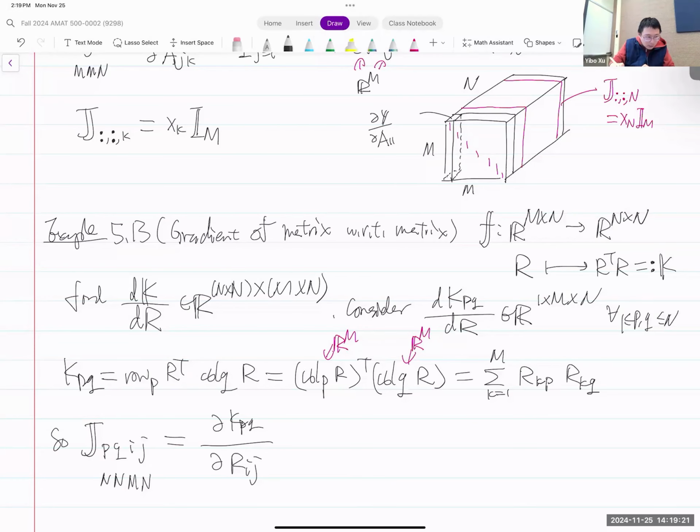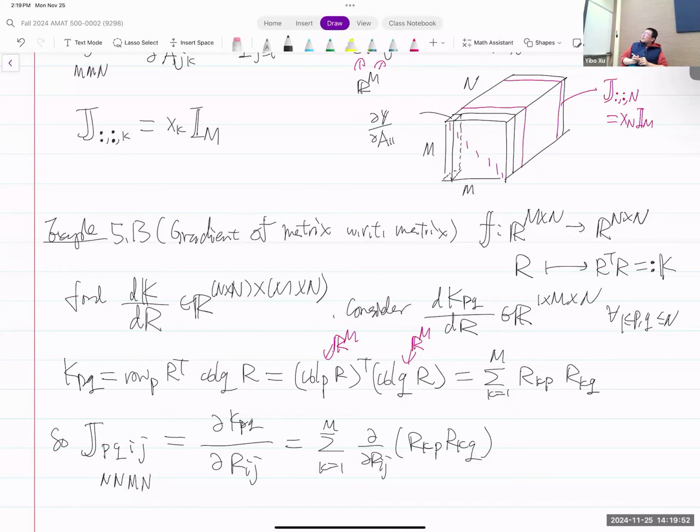We can write it as a partial of a sum, which is a sum of partials. So this is the sum over k of the partial with respect to R_IJ of R_kP times R_kQ.